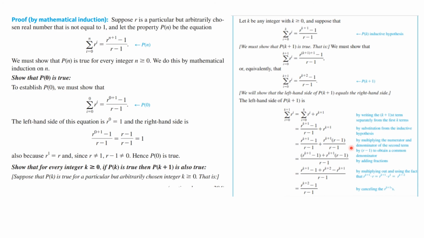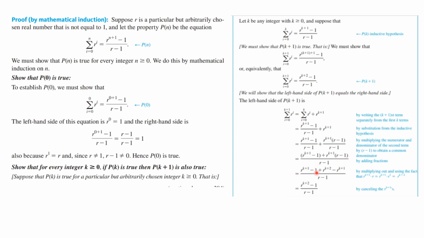Now, when I do some algebra on this, you see, this is the same thing. We have a common denominator, so what we will do is just add the numerators. So that will be r to the k plus 1 minus 1 plus r to the k plus 2 minus r to the k plus 1, because that was being multiplied through, so I distribute and I get this.